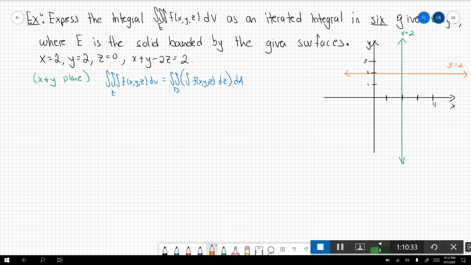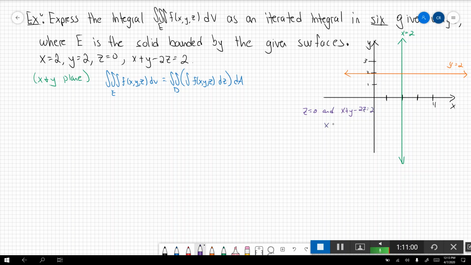And then finally, I want a different function as well. The different function here is going to come from these two that I haven't used: z is equal to 0 and x plus y minus 2z is equal to 2.